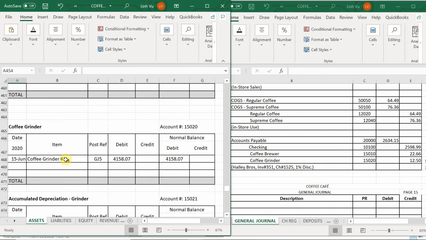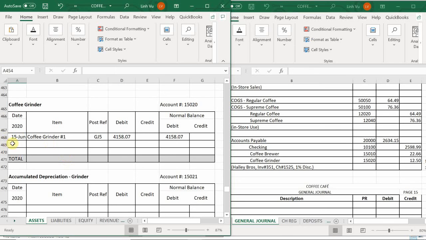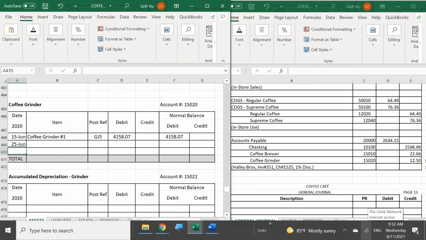All right, and then last but not least, our coffee grinder, 625. Now in this case, I only have one coffee grinder. So I'm gonna do my 1%, but because I have a little indication here where I have coffee grinder number 1, which is fine, I will say 1% discount on coffee grinder number 1.